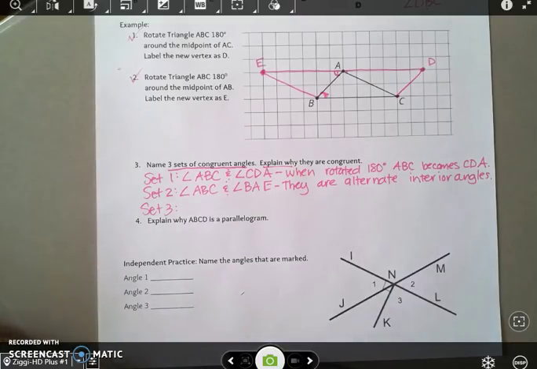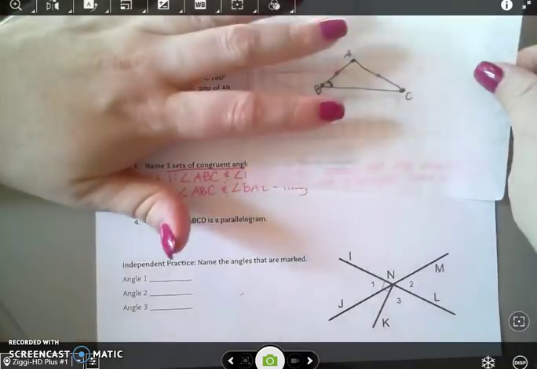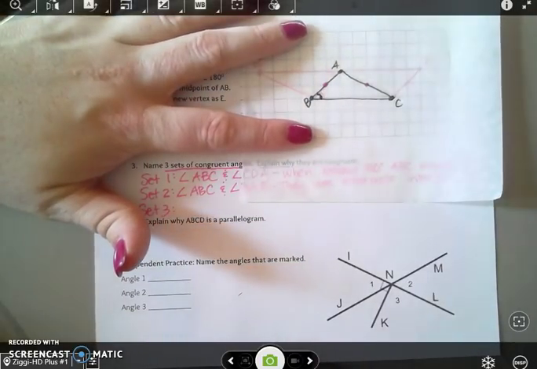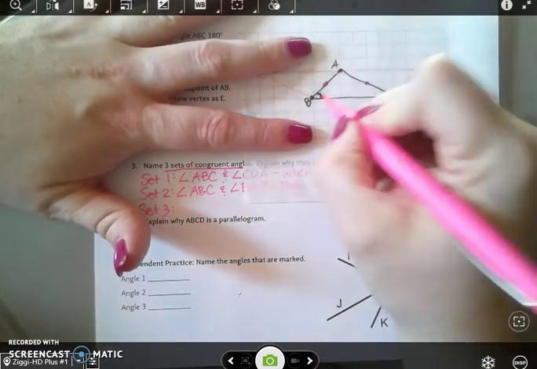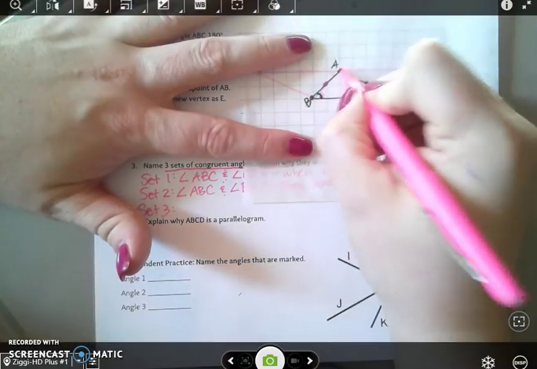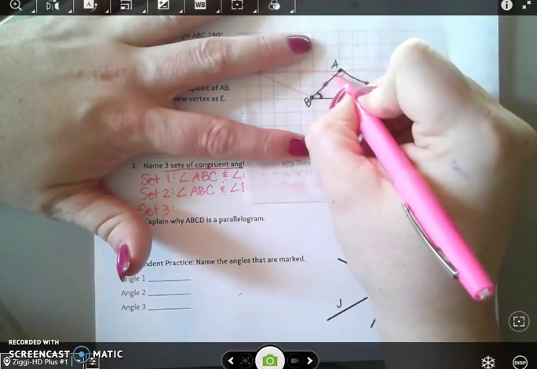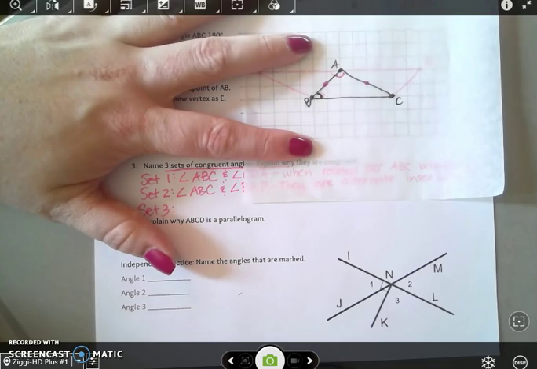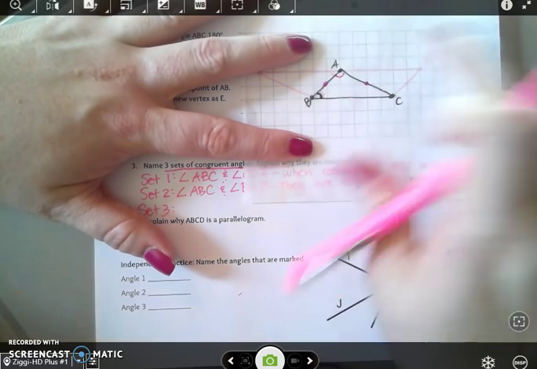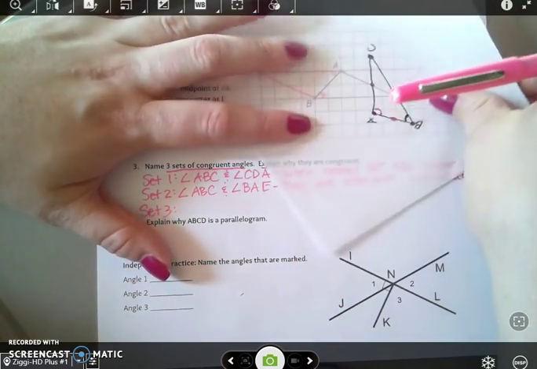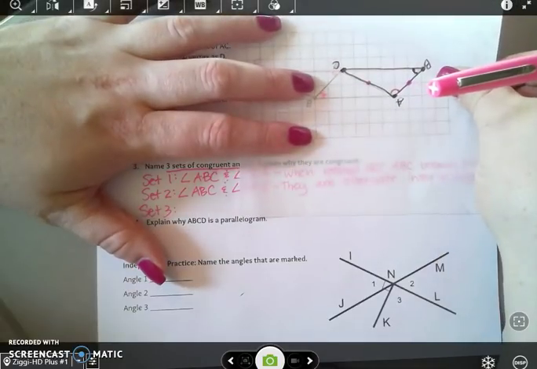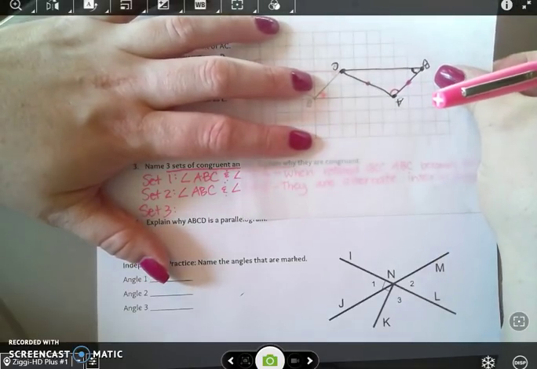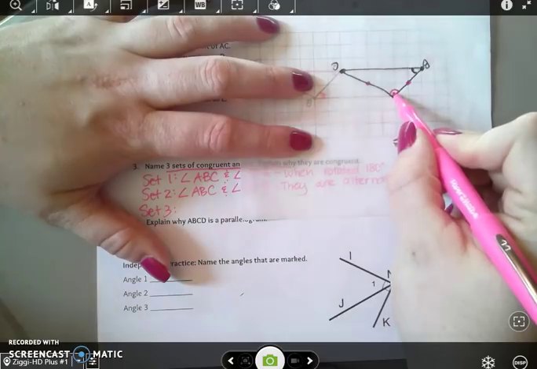And then we need a third set. So let's go back to ABC. And this time I want to look at angle BAC, so the top part of that triangle. So I'm going to rotate it around the midpoint of AC. So I'm going to create this one. So when I rotated 180 degrees, where is that now?